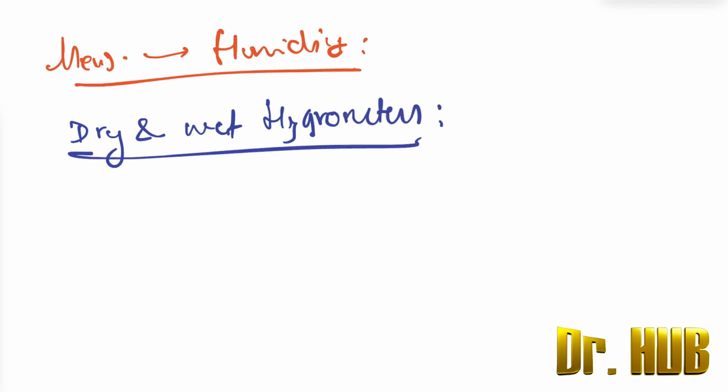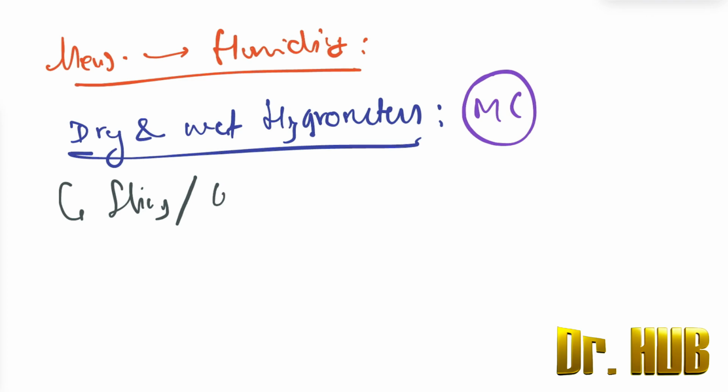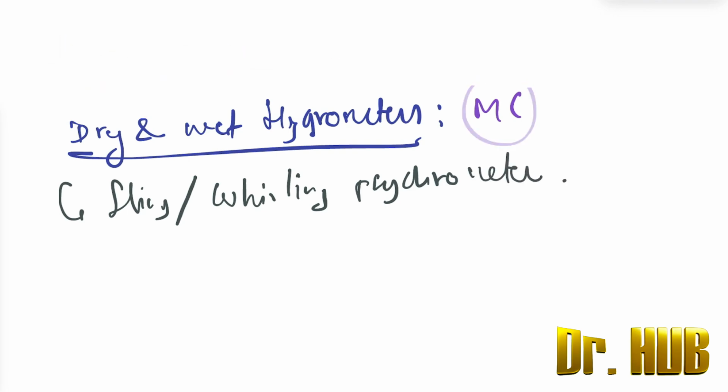These are the most widely used, most commonly used instruments. Next is the sling or whirling psychrometers.